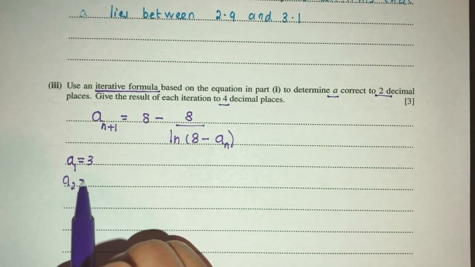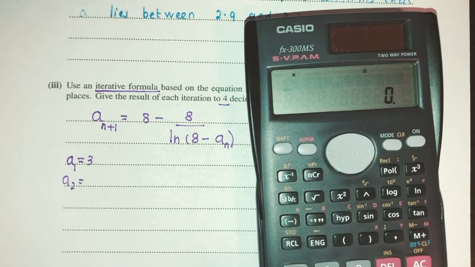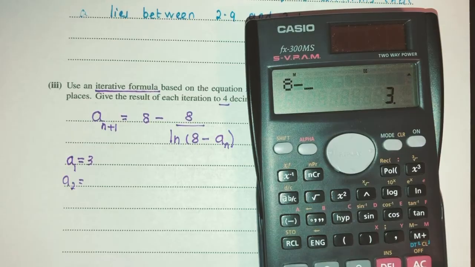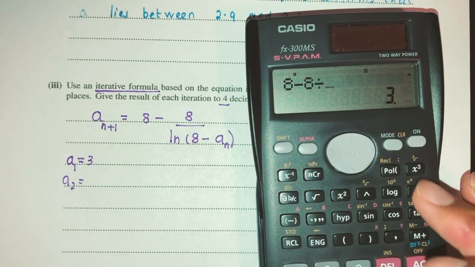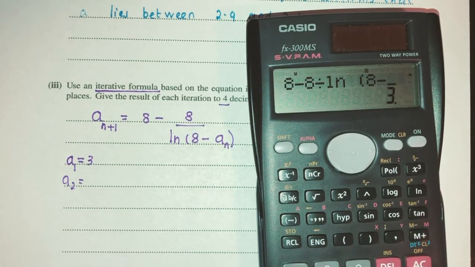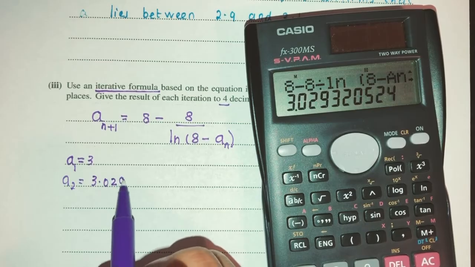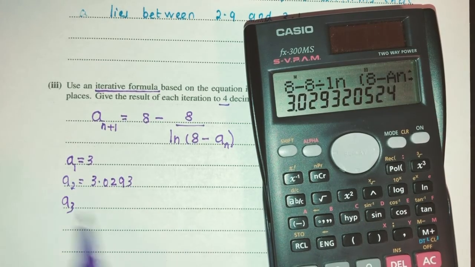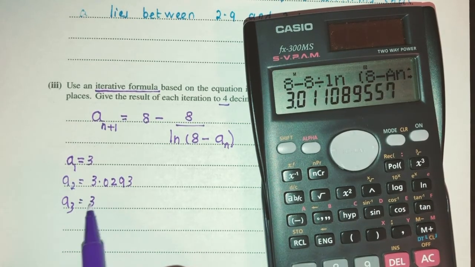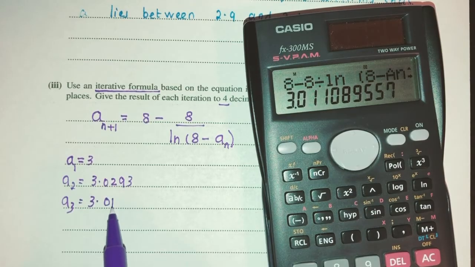What is the second value? 3 is your answer for the first one. Then we do 8 minus 8 divided by ln of 8 minus the answer. That will be the second value, 3.0293. A3, 3.0111.